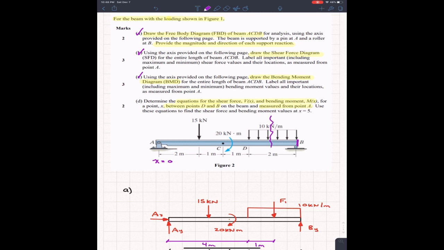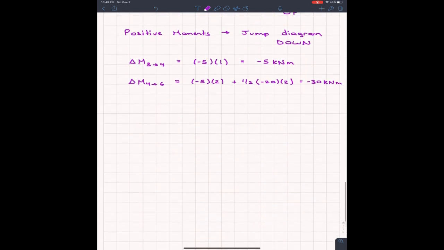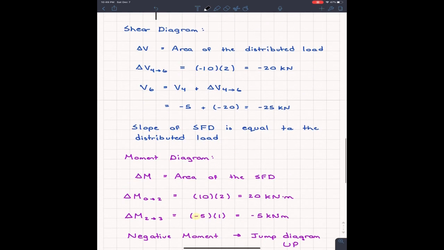So remember, we can cut the beam anywhere between these 2 points, and we can get equations using what we know of internal forces. So I'm going to come down here all the way at the bottom. I'm going to put part D, and I'm going to go cut the beam between, what was it, D and B?